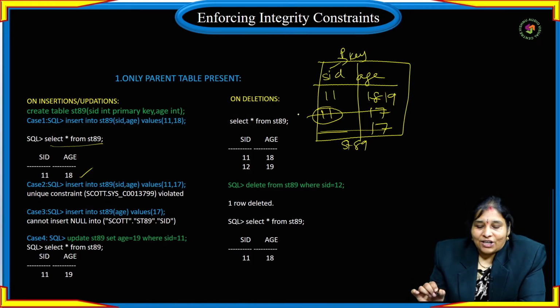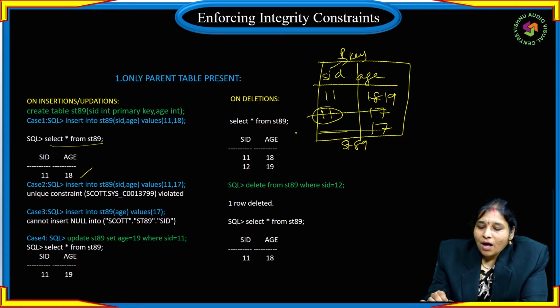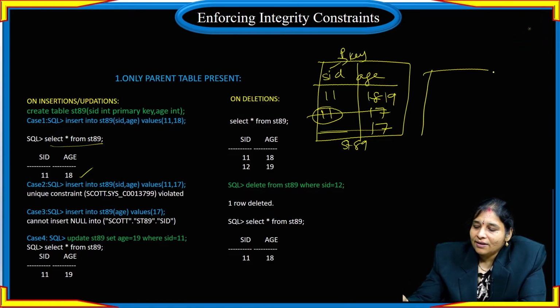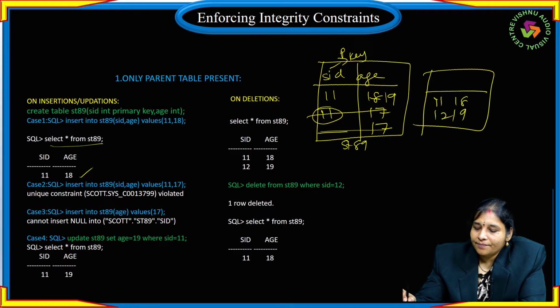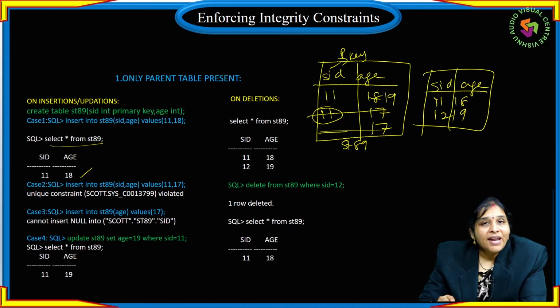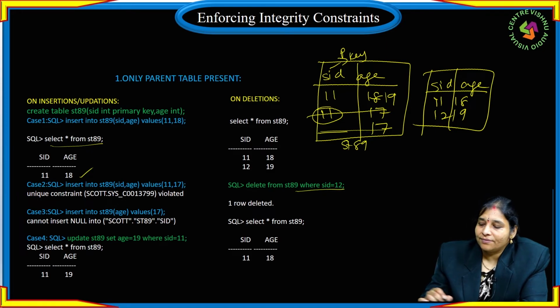Now, on deletions. Only one table is present. First, I have checked what values are present. Initially I have 11, 12, 18, 19. Now, I try to delete from student 89 where SID is equal to 12.